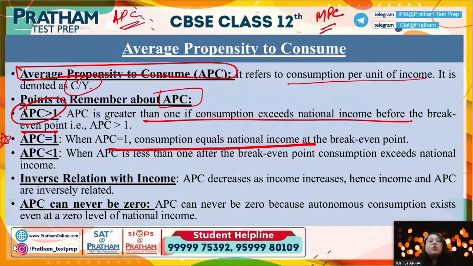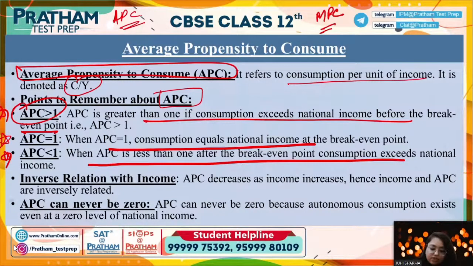Now, moving further to the third situation which can happen, that is APC is less than 1. When your consumption is not exceeding the national income, it is less than 1. After the break-even point, consumption is below the national income. In that case, we say that APC is less than 1.